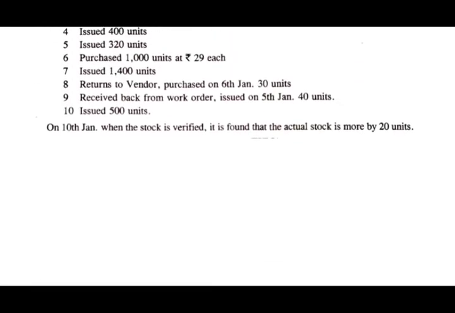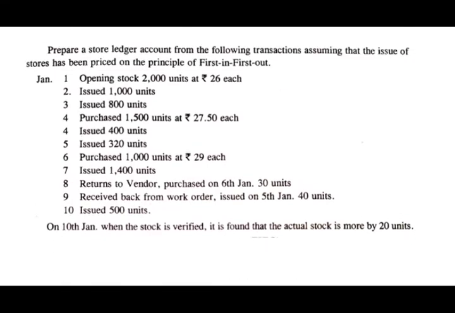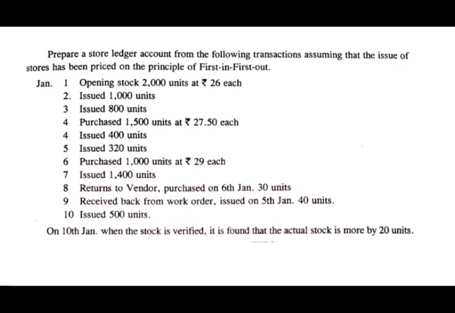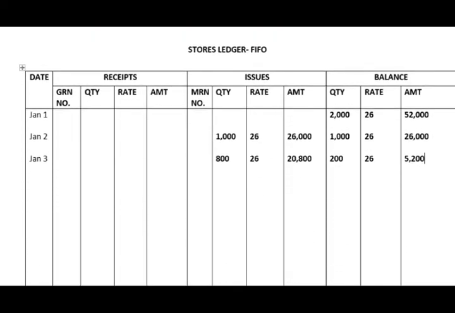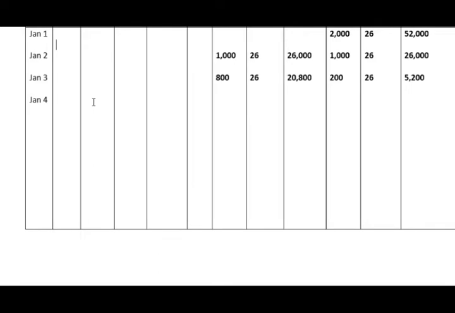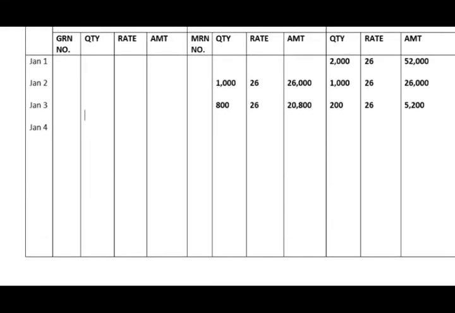Again, if you go to the top, we have another transaction on January 4. Purchased 1,500 units at 27.50 each. All purchases will come under the receipt side. So on January 4, we record a purchase of how much? 1,500 units.